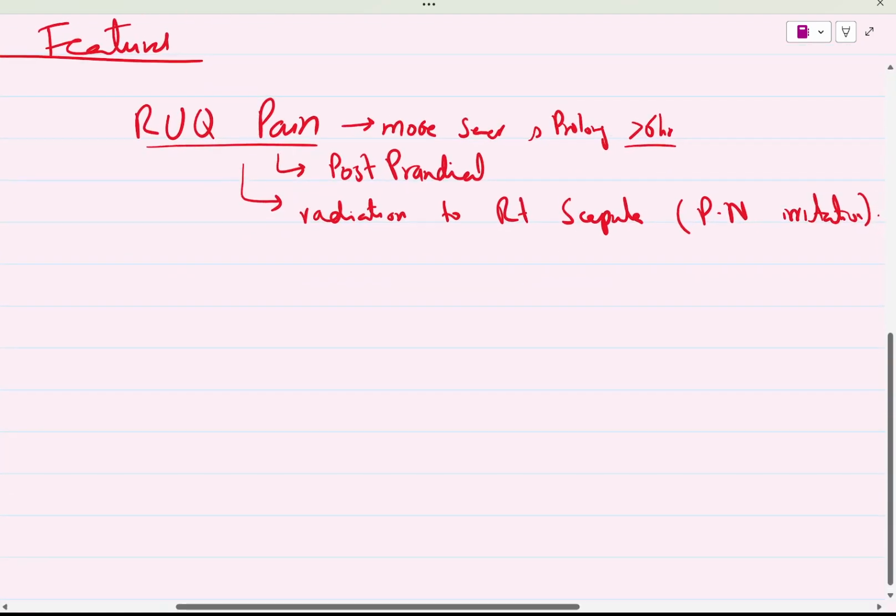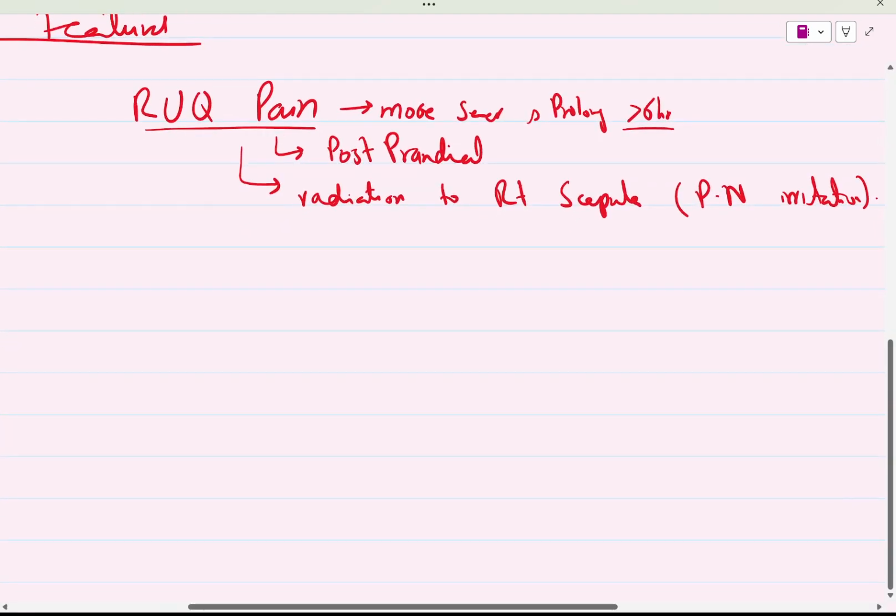The next clinical feature: you try to palpate the gallbladder, and there will be tenderness or pain, so you will elicit a positive Murphy sign. So what is a positive Murphy sign?